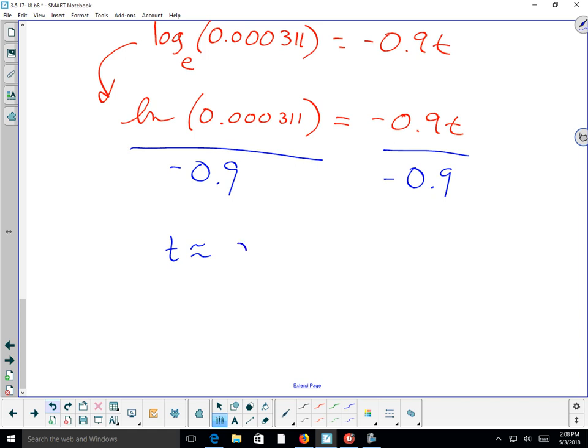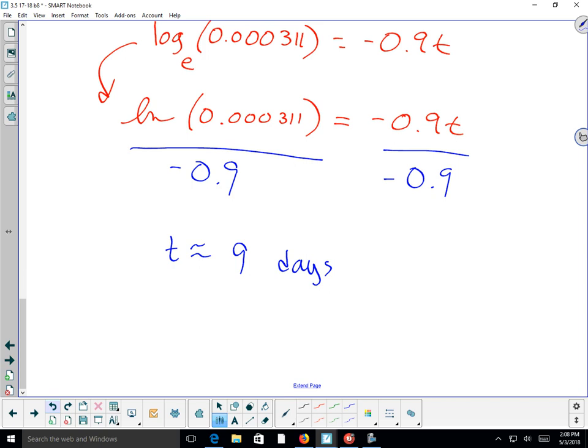So is that approximately 9? 9 days. So pretty amazing that after 4 days there were 36 students affected, and after 9 days, there were 2,250 students affected, right?